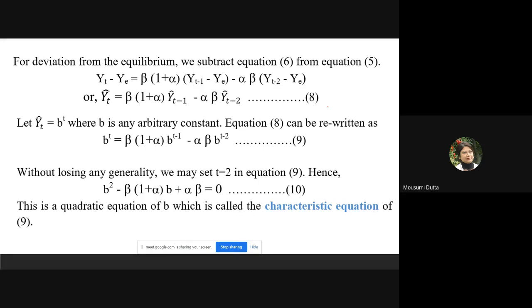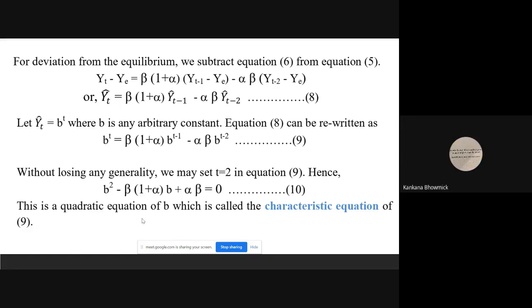So here, what will be the value? Beta into 1 plus alpha. Why not alpha beta? Because it is minus b by a. So this is b, so beta into 1 plus alpha, and a is 1.